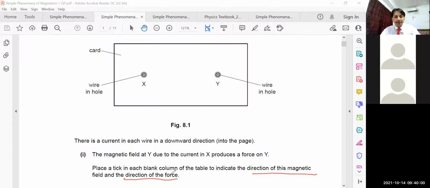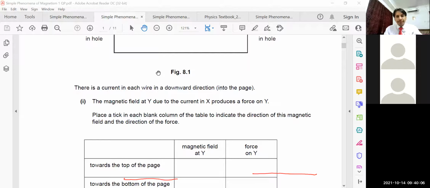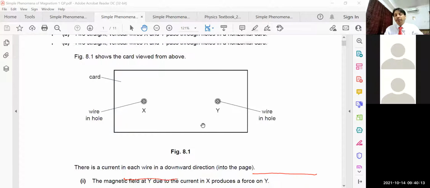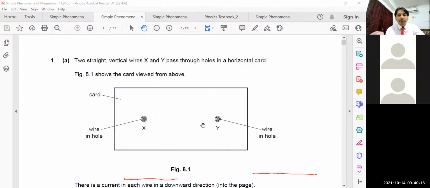After that, let's see what is given in the box down. Magnetic field at Y. Okay, let us find the magnetic field first, children, at point Y. Consider this situation, that I have this wire carrying current downward.